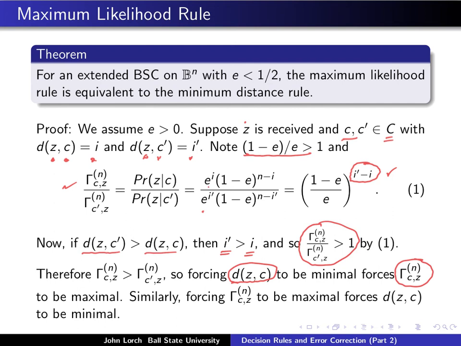And likewise, if you're forcing this to be large, then you're forcing this to be small. And that means that when you apply the minimum distance rule, you should get the same output as if you apply the maximum likelihood rule.